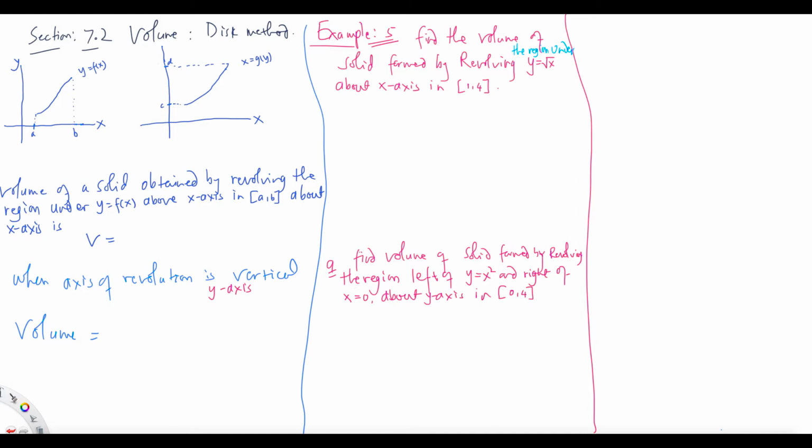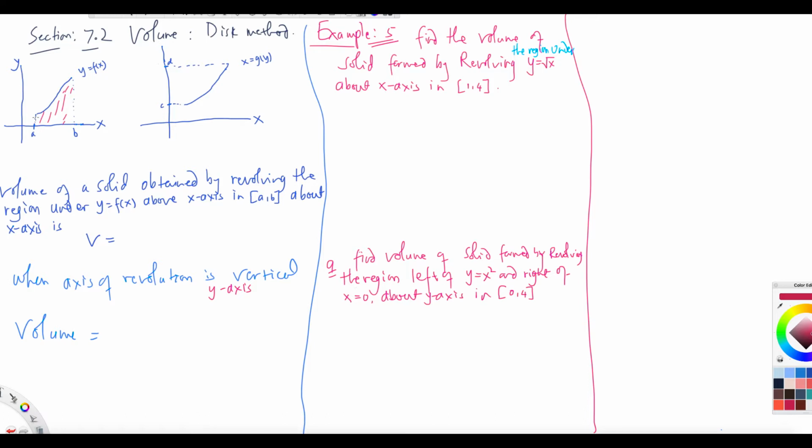In this section, what we are going to learn is how to find volume. Suppose this function, y equals f of x, is a function. This is the region under that curve, above the x-axis, and between x equals a and x equals b. Instead of finding the area, we want to revolve this region about the x-axis.